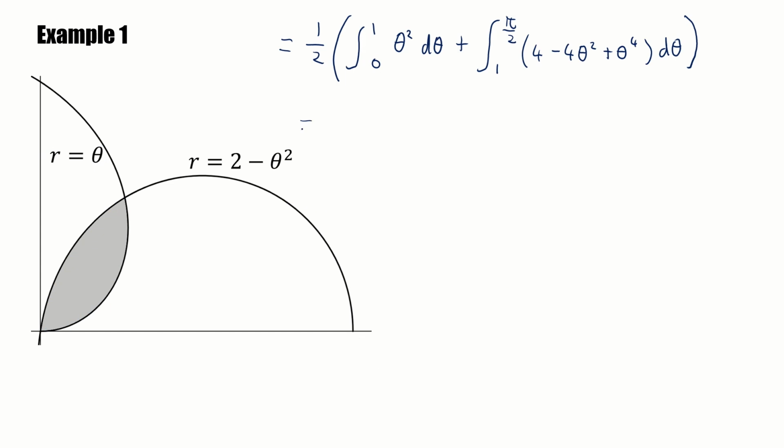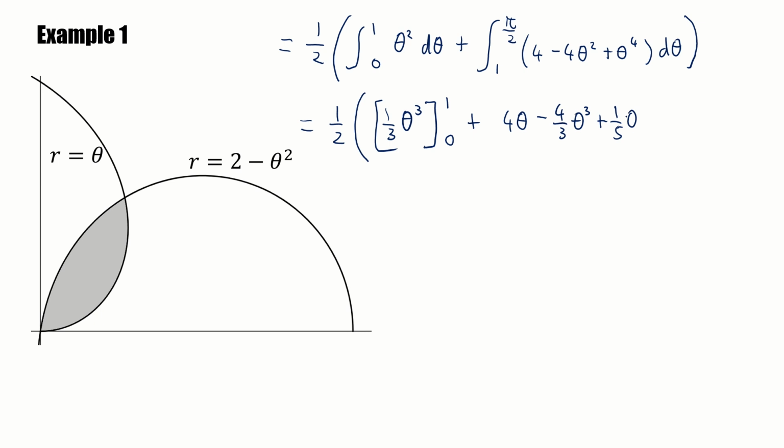Luckily, that means this is actually quite an easy question, because it's just one of those classic add 1 to the power, divide by the new power scenarios in both cases. So we're going to end up with a third theta cubed, and then also we're going to end up with 4 theta minus 4 thirds theta cubed, and then plus 1/5 theta to the power of 5.